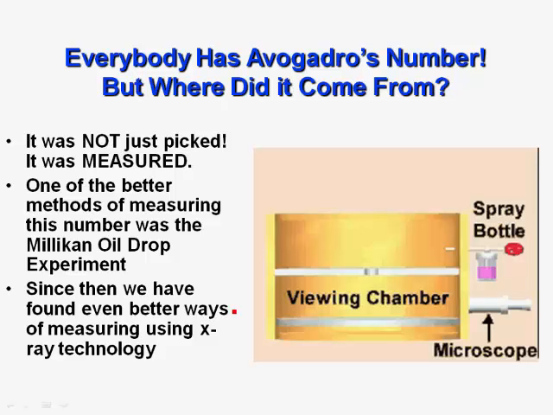What we want to look at here is, the thing to remember about Avogadro's number is that it is a measured value, and even though we primarily use either 6.02 or 6.022 times 10 to the 23rd for its value, you can look online and find what the most precise measuring technique is for Avogadro's number, and you can see how many places beyond what we use that this number is defined.